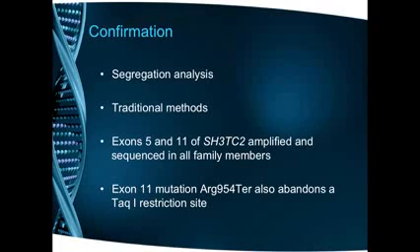They amplified and sequenced the affected exons where these 2 mutations were located. And then they also found that this premature termination mutation abandons the restriction site. So that's a little redundant, because if you already sequence it, then you can pretty much definitively make that call. But they did this extra thing as well.